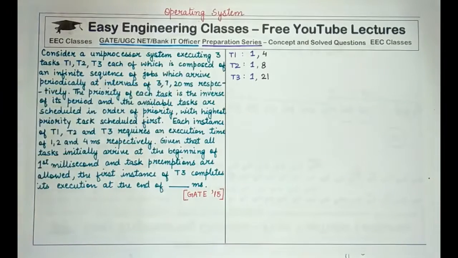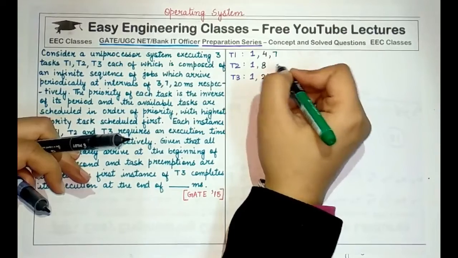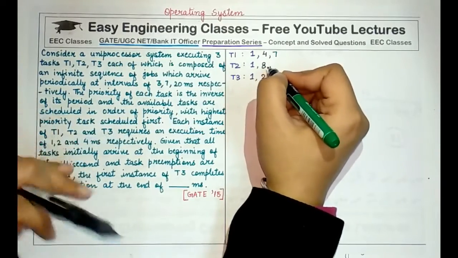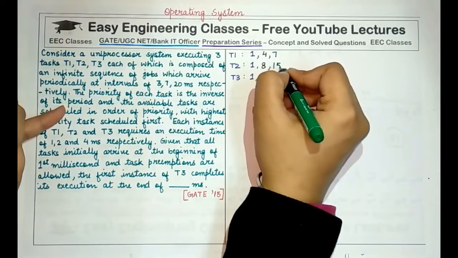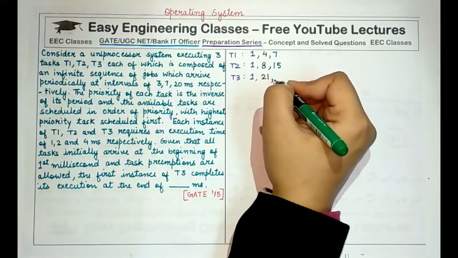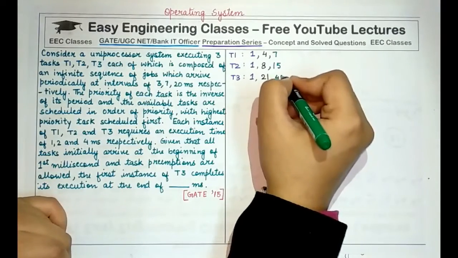Now continuing in this manner, the third instance of T1, T2, T3 would arrive at 4 plus 3, that means 7 millisecond, then 8 plus 7, which is equal to 15 millisecond, then T3 would arrive at 21 plus 20, which is 41 millisecond.